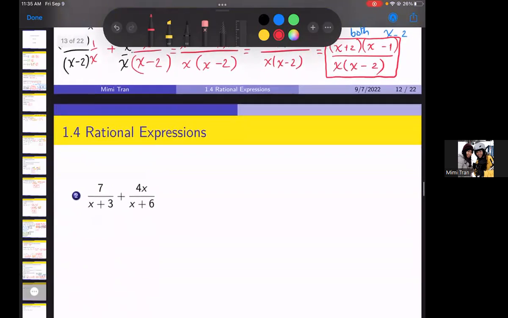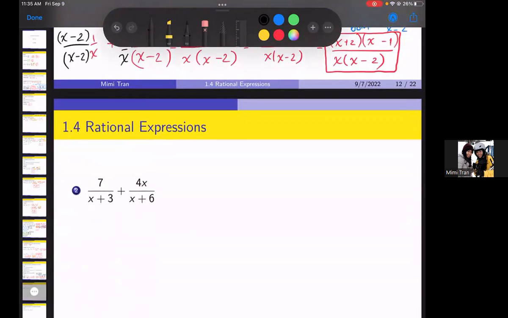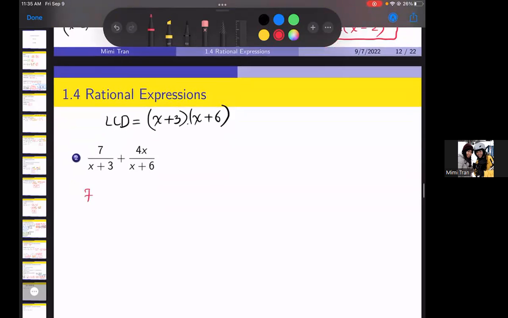Last one. What is the LCD for the last one? Remember, something divisible by the denominators. Yes, x plus 3 times x plus 6. So the first fraction is missing x plus 6.